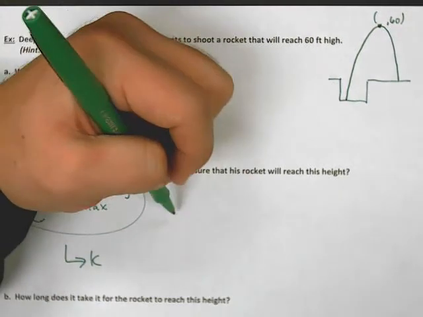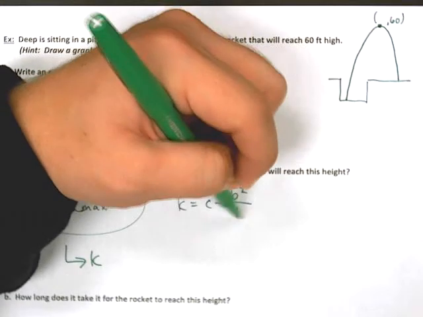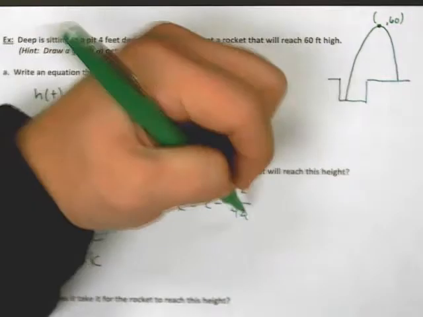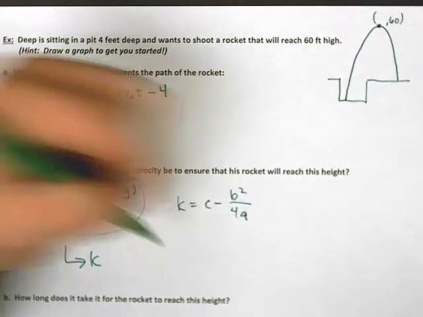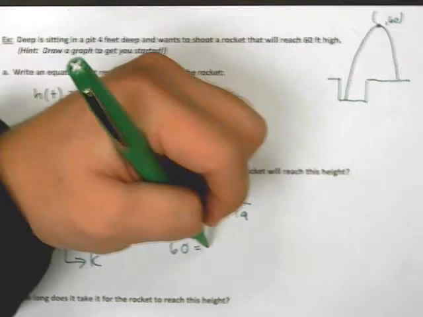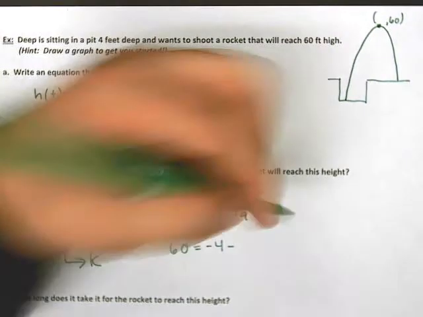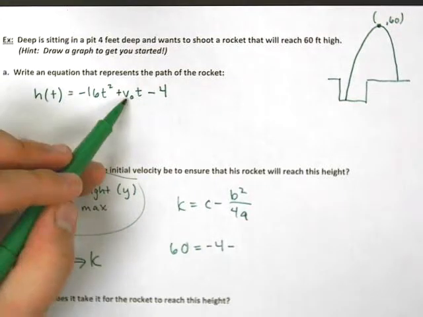Now we know k, which is equal to c minus b squared over 4a. When we plug some stuff in, sorry guys, that's an a, it's going to be 60 equals, well, c is negative 4 minus, I know b is actually my v naught.